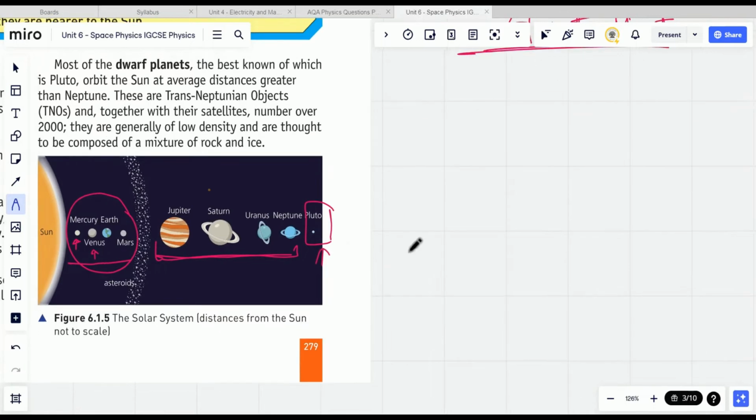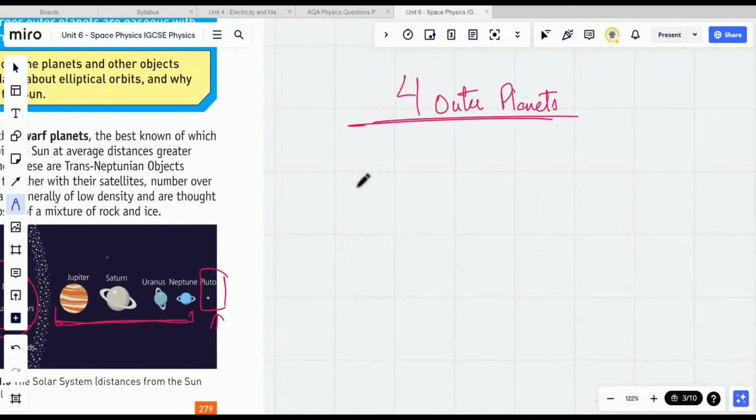We have Jupiter, Saturn, Uranus, and Neptune.